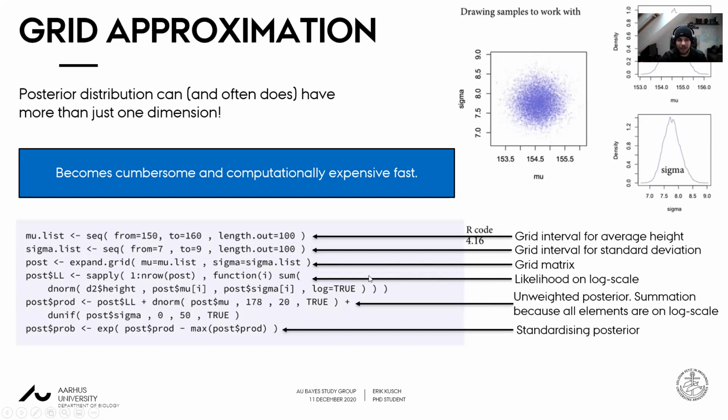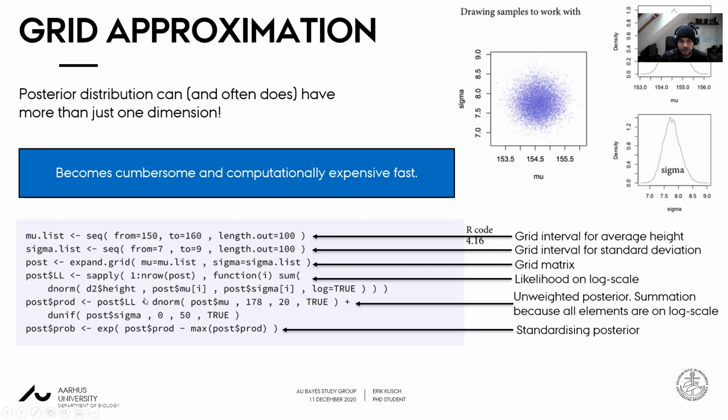That took me a very long time to figure out when I was reading this code, because I couldn't for the life of me figure out why the unstandardized posterior distribution was created by summing the likelihood with the priors. The reason they are summing here is because summing logarithmic outputs is the same as multiplying non-logarithmic outputs.